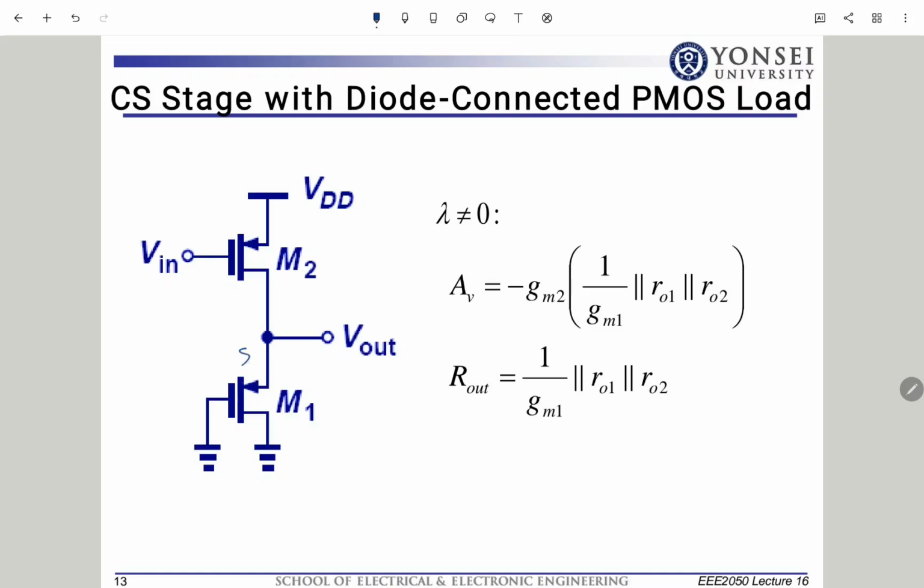So here's source, gate, drain. Here is the M1 transistor. The gate and drain are connected, so we can say this is also a diode connected load.